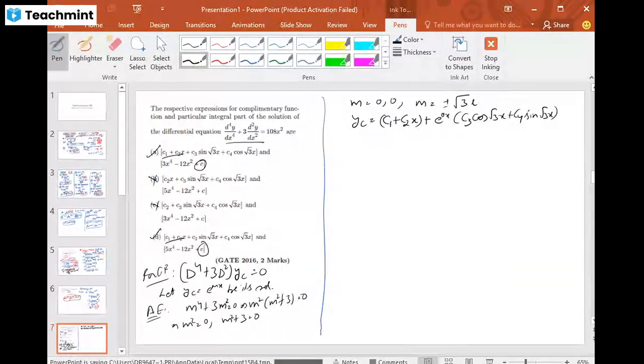The number of arbitrary constants present in a differential equation should be equal to the order of the differential equation. Because the order is 4, it must contain exactly 4 arbitrary constants. So this constant should not be there, but anyhow we'll try to find the particular integral.